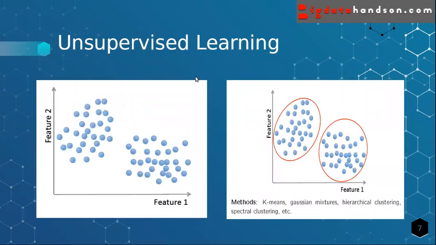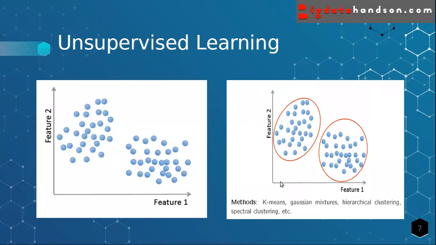We know that unsupervised learning doesn't have any supervision. It learns by itself. So here is the data. What the unsupervised learning algorithm will do is create some clusters of this data. You can see we have two clusters here, and unsupervised learning will separate these two clusters.